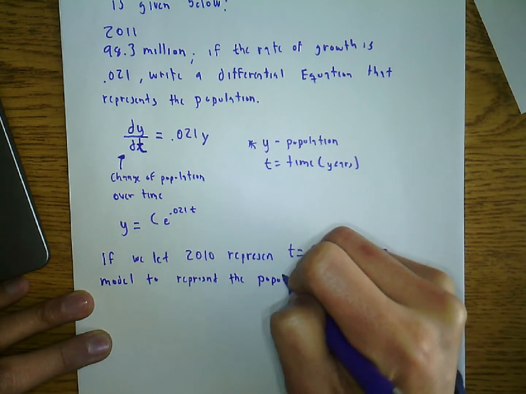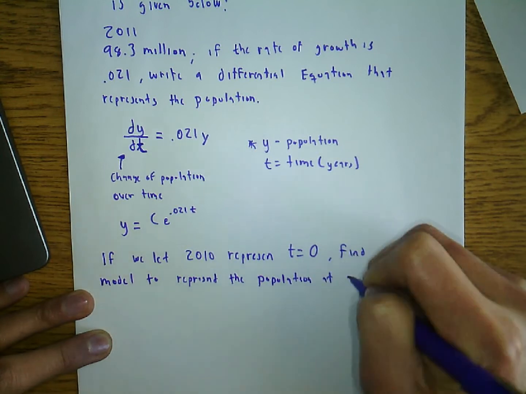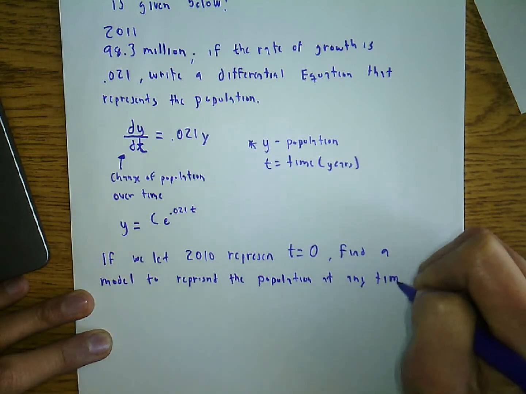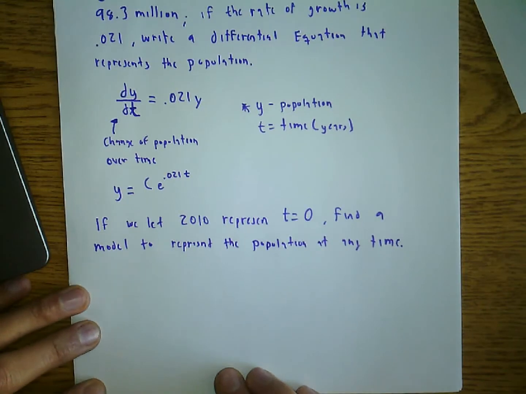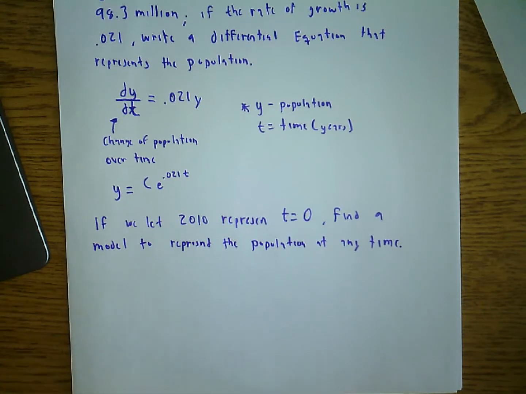So, if we let the year 2010 represent 0, find a model that would represent that. So what do I do? How do I figure that out? Because I have this model here, but it's not a complete model because I need to know what C is. So what do you guys think?